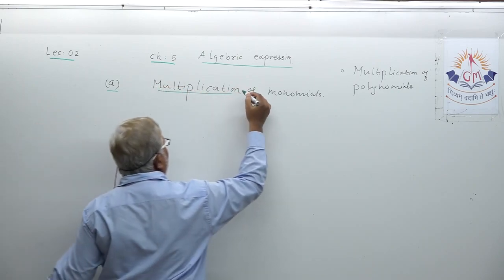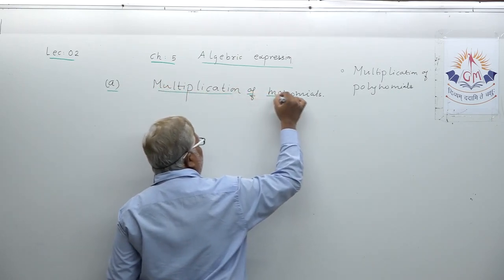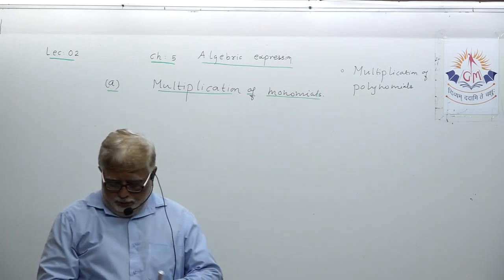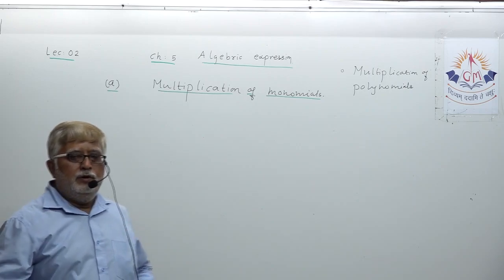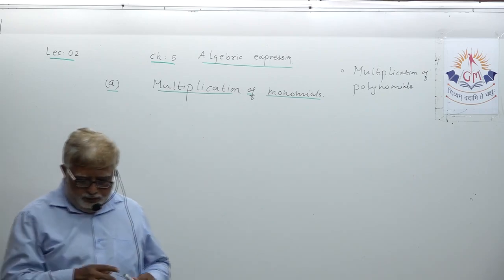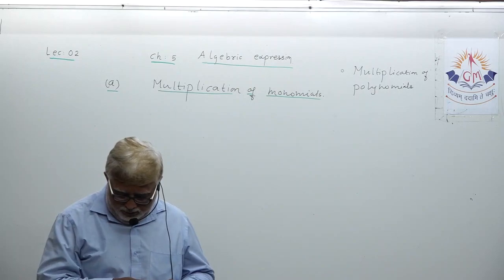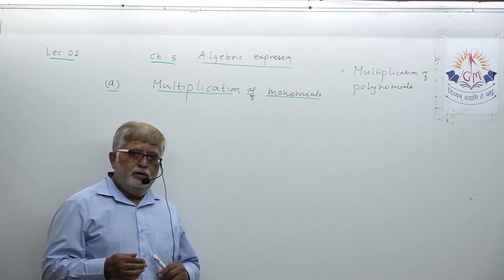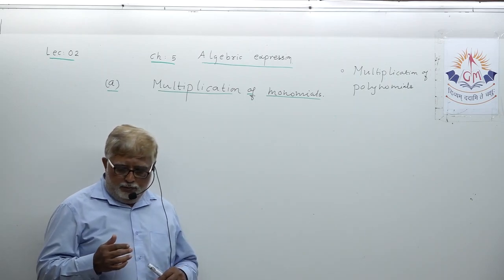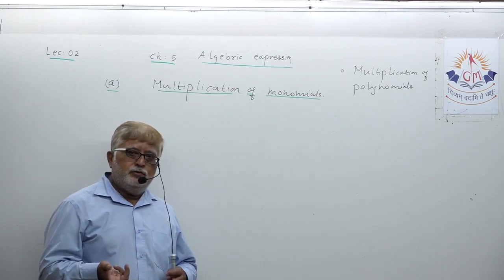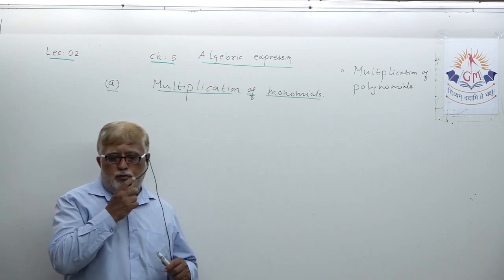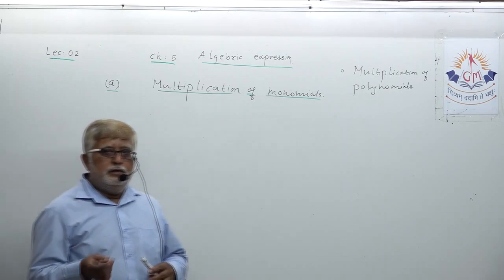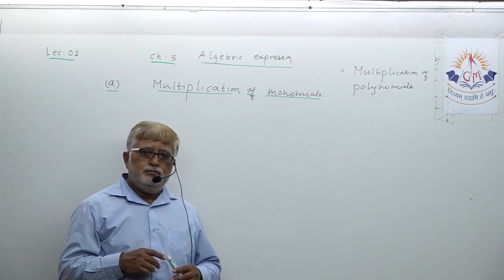Sometimes, dear student, when I give you homework from the textbook, they have used the words, for example in assignment 5.1, question number 2, they have written multiply the terms. Terms means monomial only, because you all know very well that a monomial is a polynomial consisting of one term.